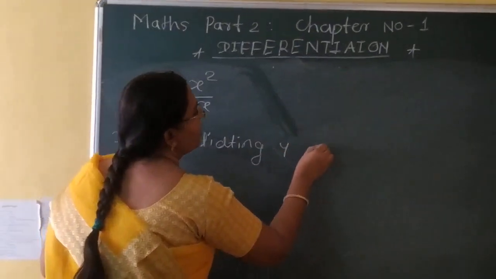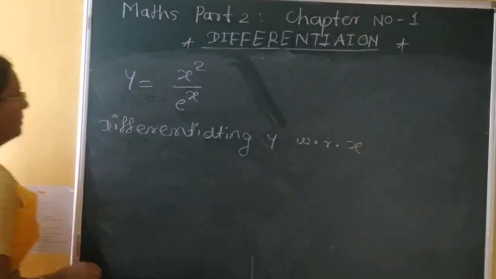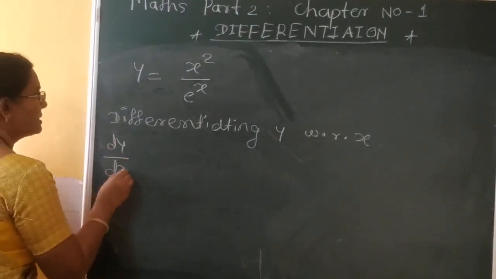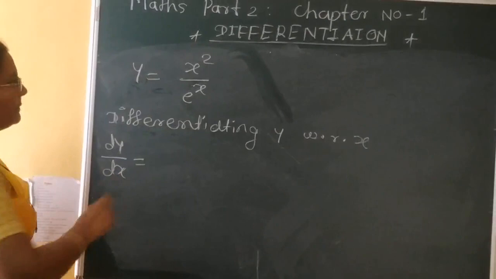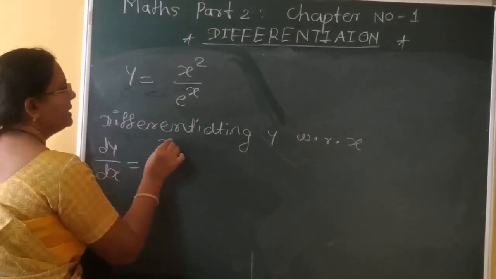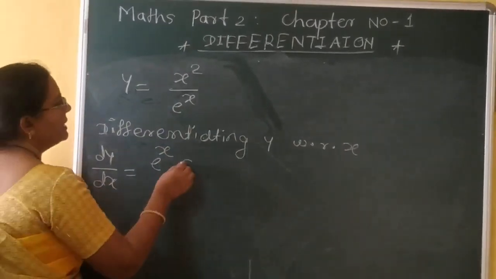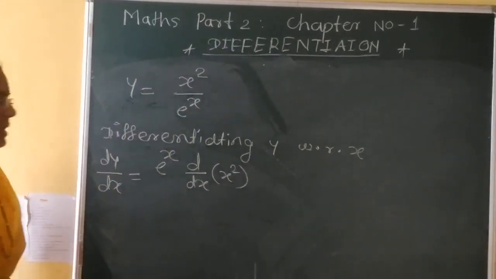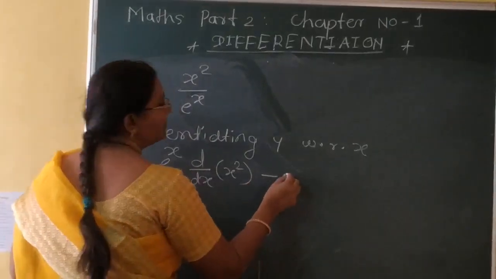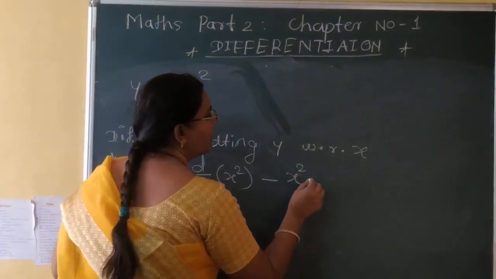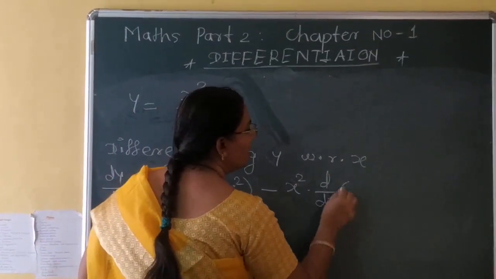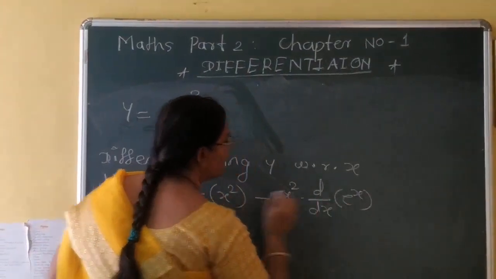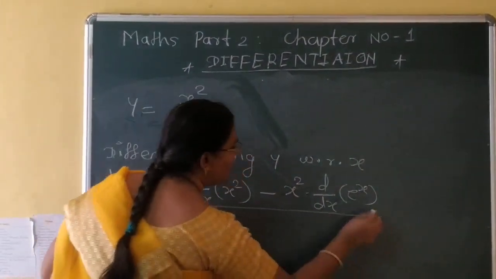dy by dx is equal to: keep the denominator as it is, the denominator is e raised to x, and take the derivative of x square, that is d by dx of x square, minus keep x square as it is and take the derivative of the numerator, e raised to x, divided by v square.